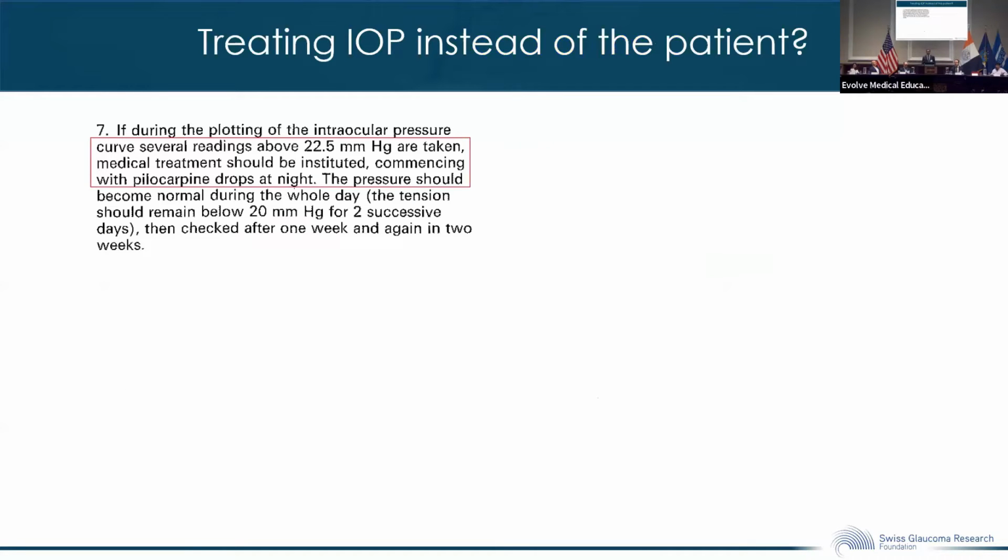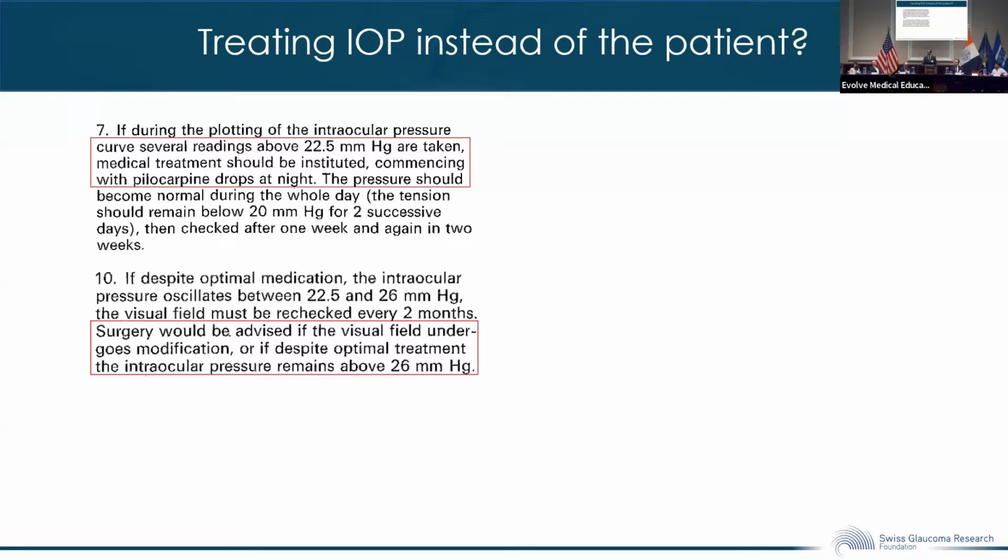Let's have a look at rule number 7, which speaks about treatment. If IOP readings were above 22.5, then start medical treatment. And first line back then, can you imagine, was pilocarpine. Here, once at night was deemed sufficient.